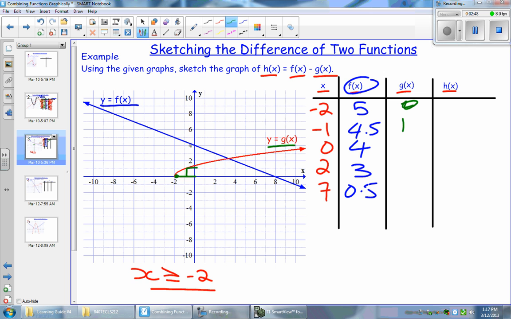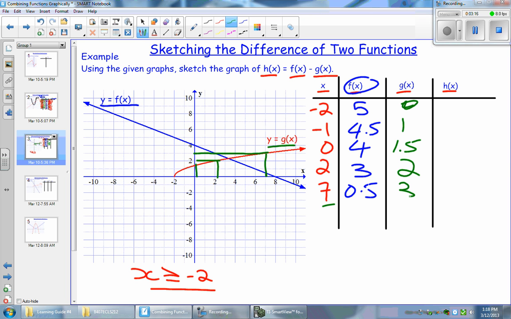At 0, it looks like my y value is at about 1.5. At 2, my y value is going to be 2. At 7, sorry, I'm looking at the wrong graph there. At 7, it's going to be about 3.